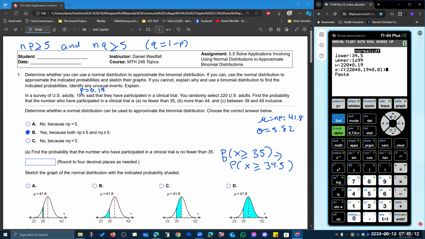Close all that off. To 4 decimal places, this is 0.8952.